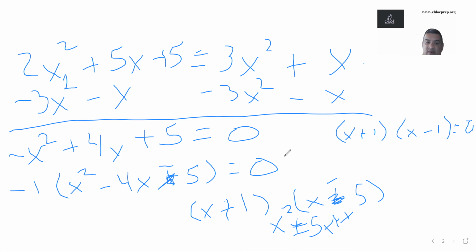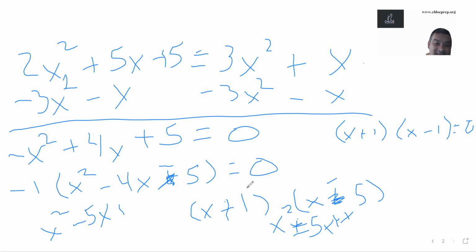So this actually, when we work it out, turns out to be x squared, 5 times it was -5x, and then 1.